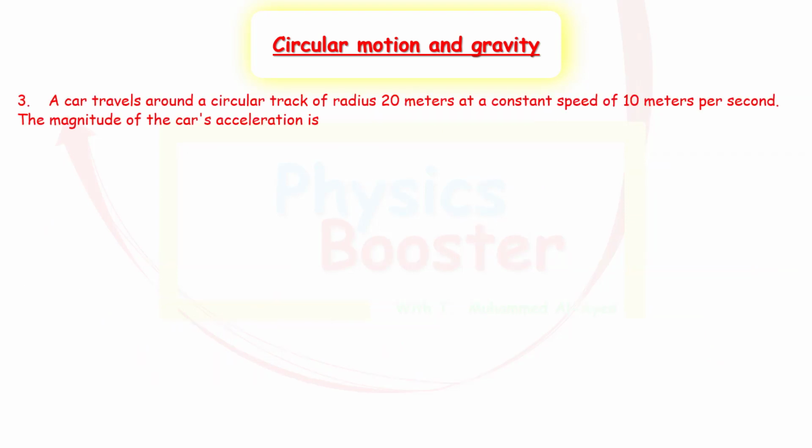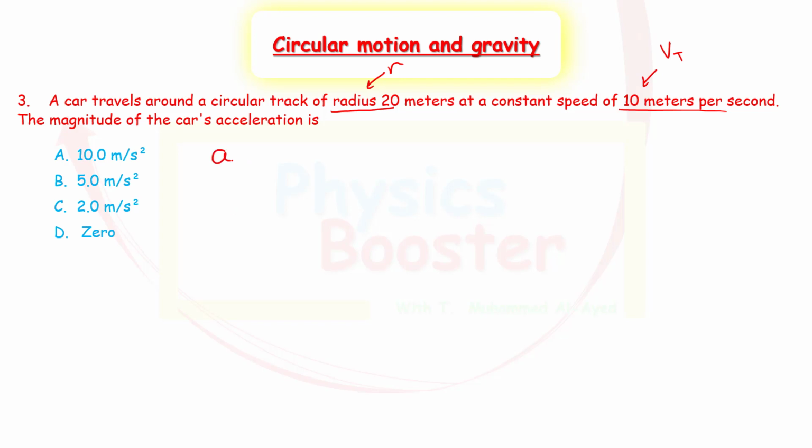Next question says that a car travels around a circular track of radius 20 meters. So we have the radius, at a constant speed of 10 meters per second. So it's moving in a circular motion, and this speed is the tangential speed, Vt. Now, the magnitude of the car's acceleration is, well, straightforward.